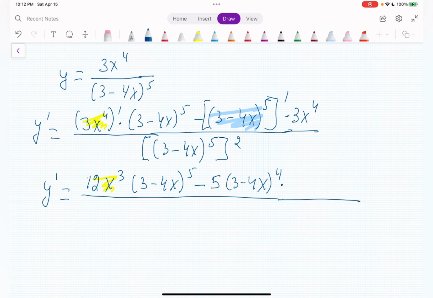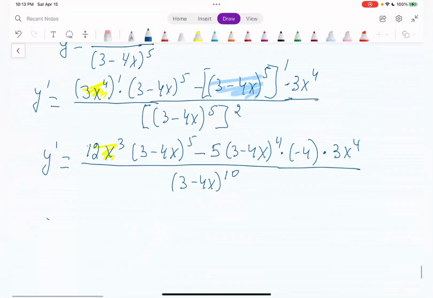Derivative of 3 is 0, minus 4x is going to be negative 4, and times 3x to 4 over 3 minus 4x to power 5 times 2 is 10. Okay, well, just let's simplify, and we will get our answer.